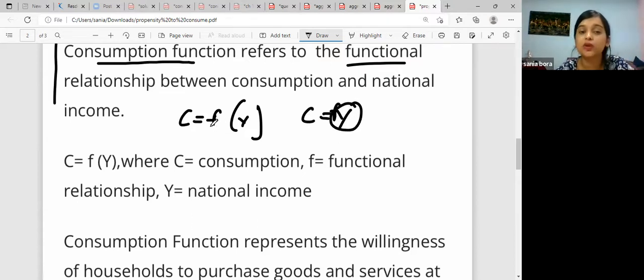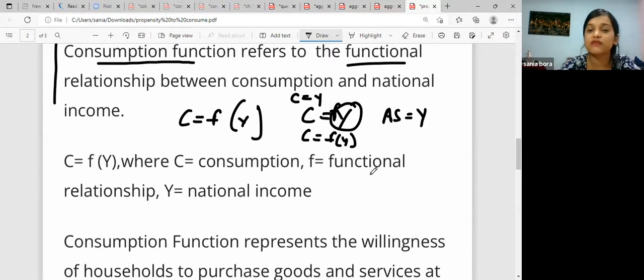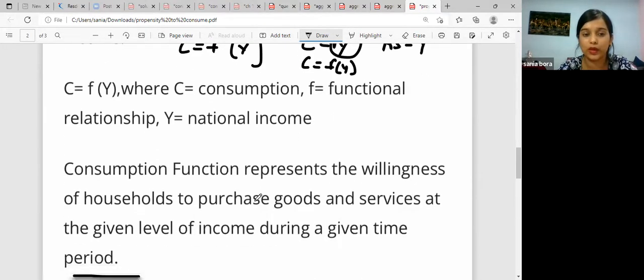Over there we were writing AS equals to Y, but here you cannot write C equals to Y. You have to write C equals to F of Y because it depends on the function. So C is consumption, F is functional relationship, and Y is your income. Clear? Yes, ma'am. Okay.